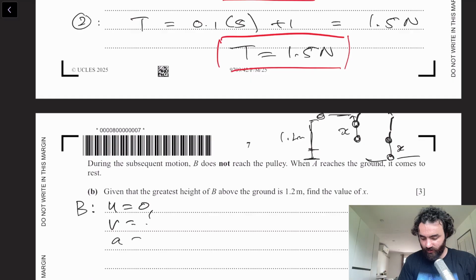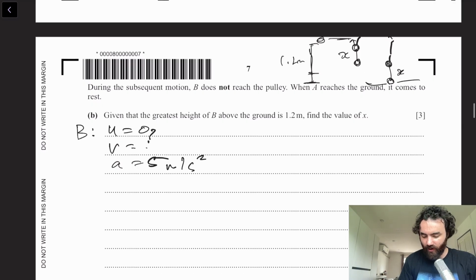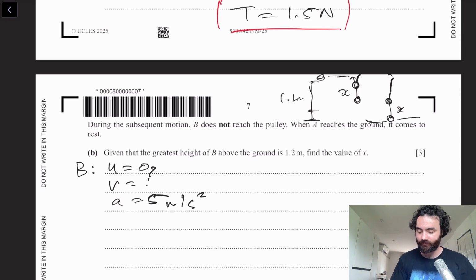Our acceleration we know because we got it here. Acceleration will be 5 meters per second squared. I'm just trying to find equations for X at the moment. And we've moved distance X from here to here.